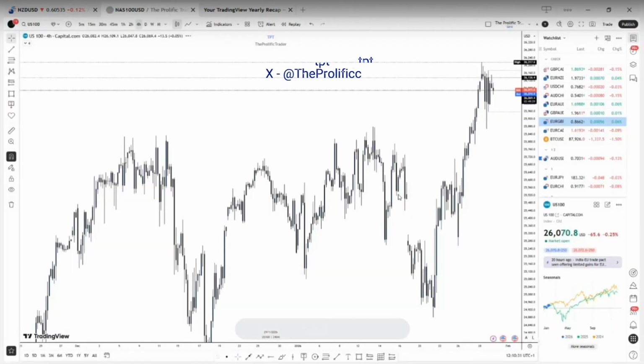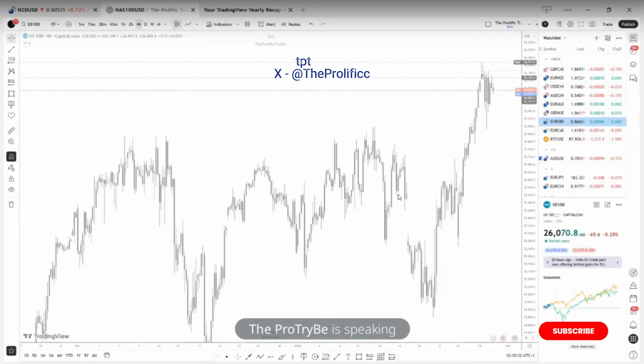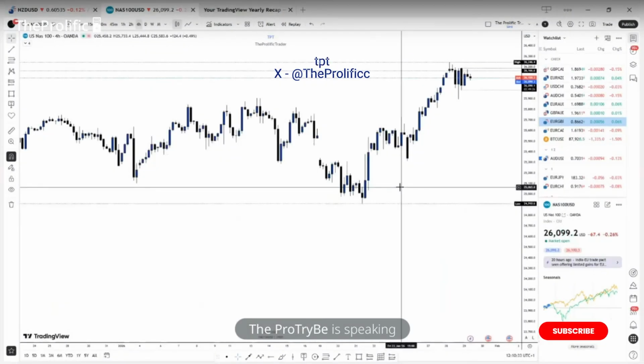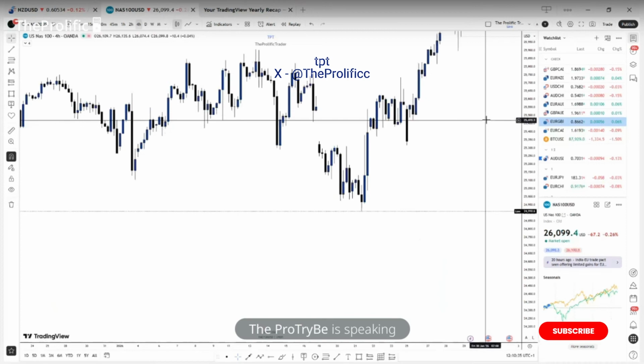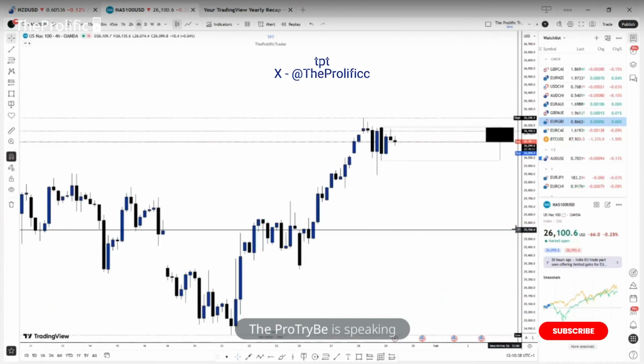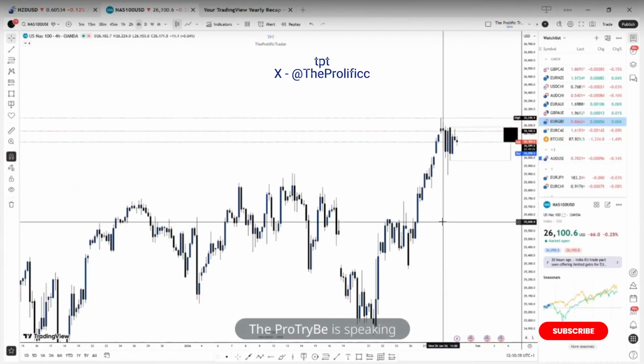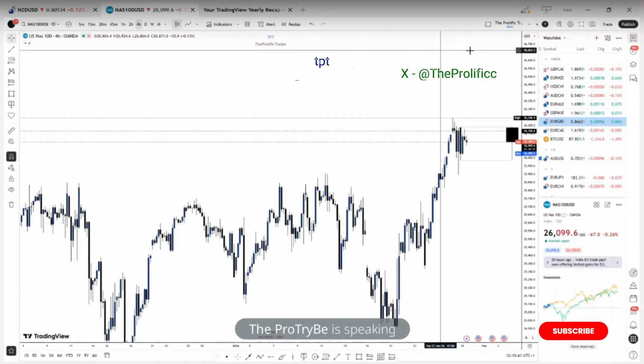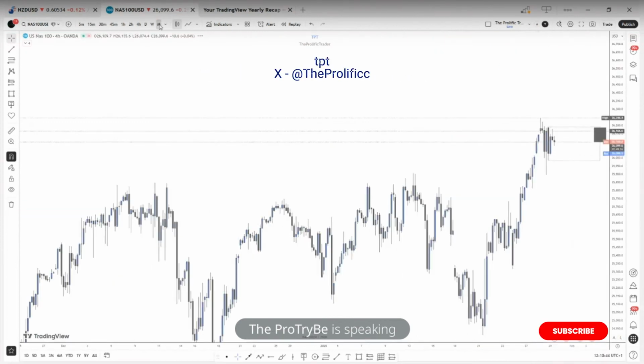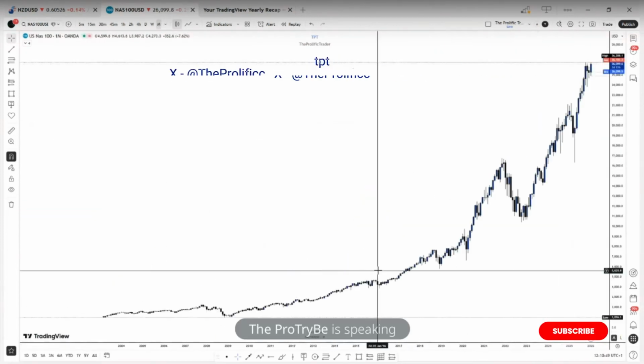So on the 4 hourly, this is kind of a bit messy. Let me go to the monthly and see what last time did. Now, it's been bullish since inception, it has been buying.